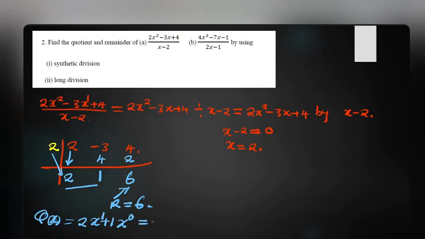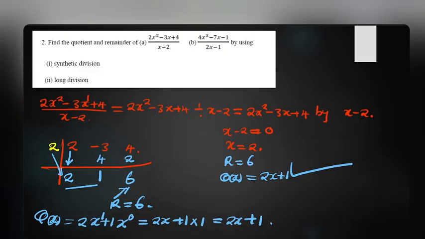So this is 2x plus 1, since x to the power 0 is 1. So the remainder is 6, and the quotient is 2x plus 1. That becomes the answer.